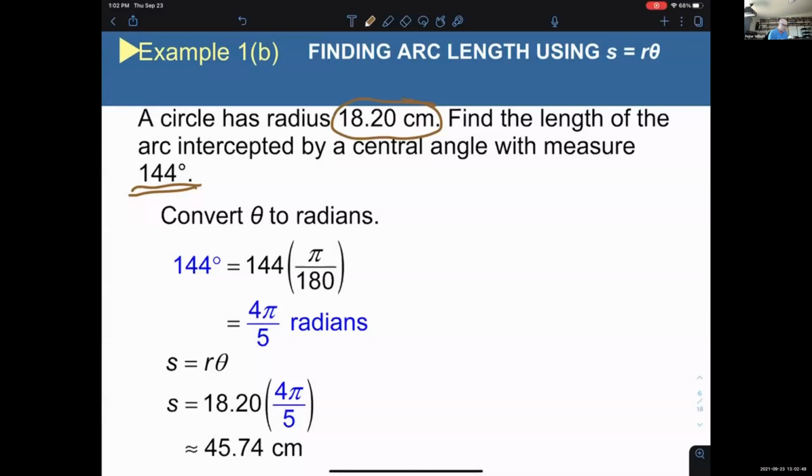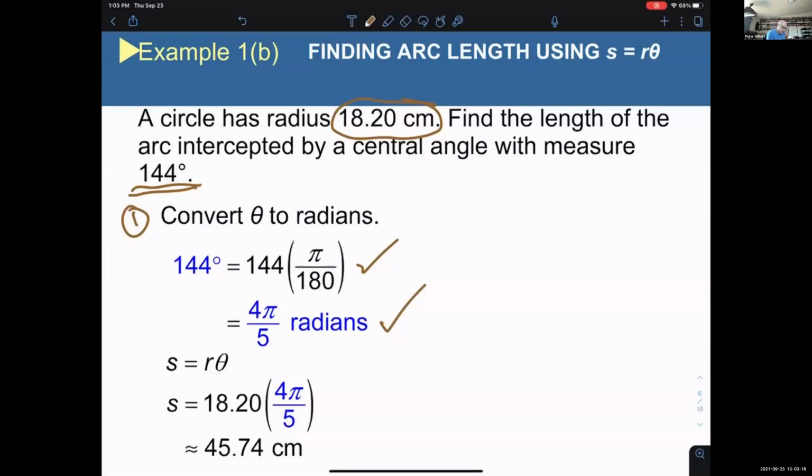So the first thing they do here is convert theta into radians so they could use the formula. And again, we had a little formula for how to do that. You take the degree measurement and multiply it by pi over 180, which they've done here. And then if you simplify that as a fraction, you could get this down to 4 pi over 5. So now that's the radian measurement of theta.